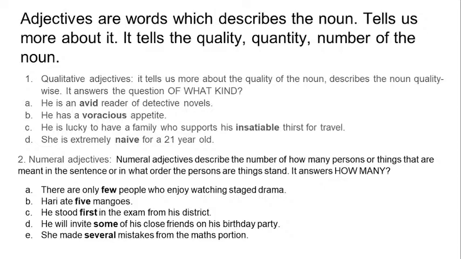Instead of avid, you can also use enthusiastic in place of that, and it doesn't make much difference of meaning. Okay, in the next one, I've given, he has a voracious appetite. Now, what does this mean? Voracious means someone who likes to gorge on food and their hunger or appetite is very great. They are large eaters.